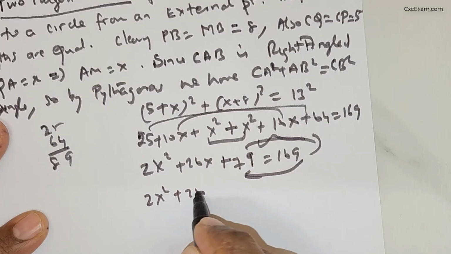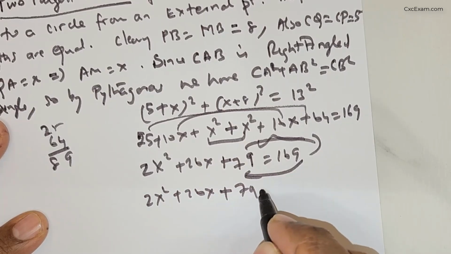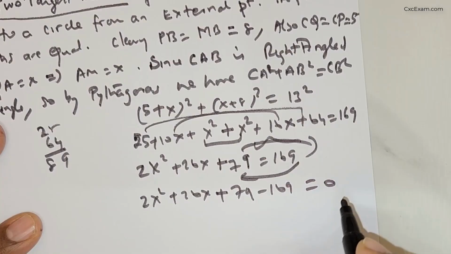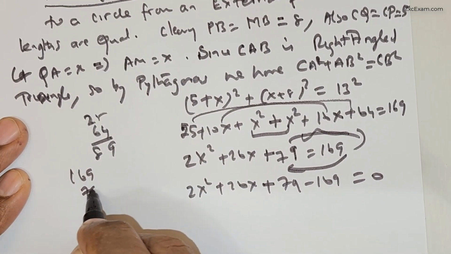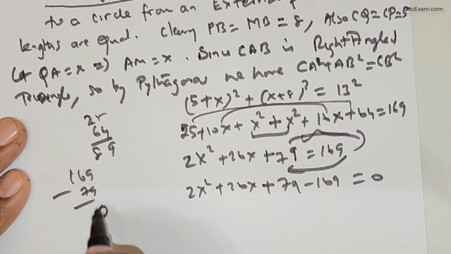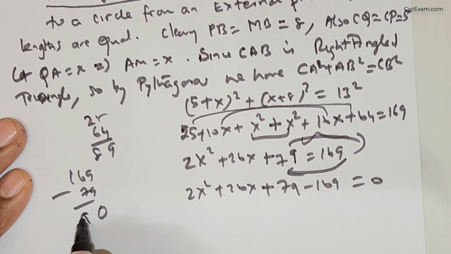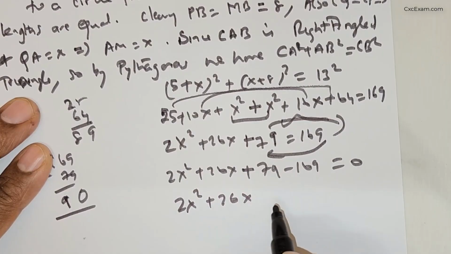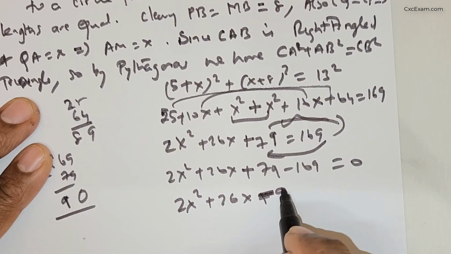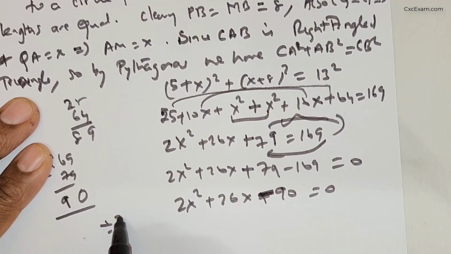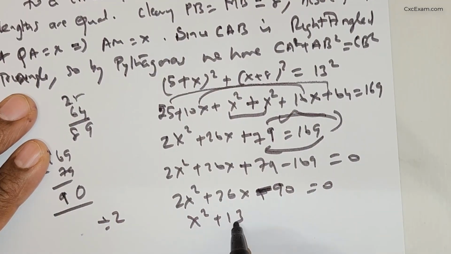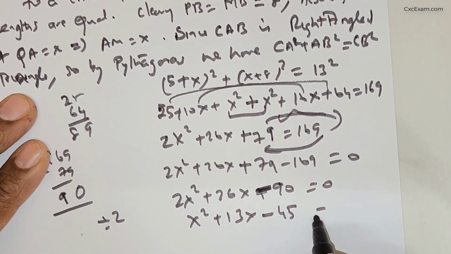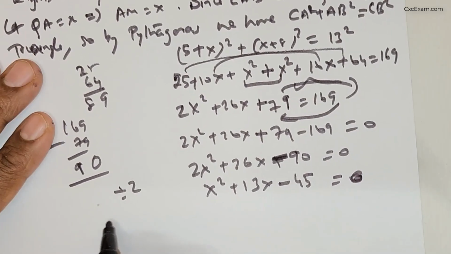So 2x squared + 26x + 89 - 169 is equal to 0. From 169 you take away 89, you get 80. So 2x squared + 26x - 90 is equal to 0. I divide by 2, I get x squared + 13x - 45 is equal to 0.